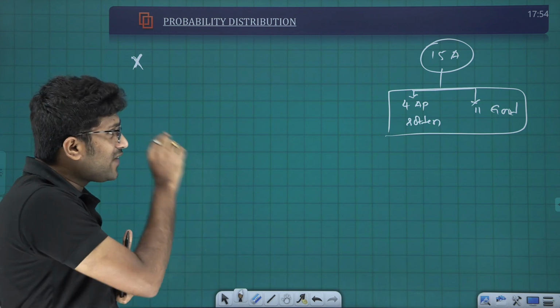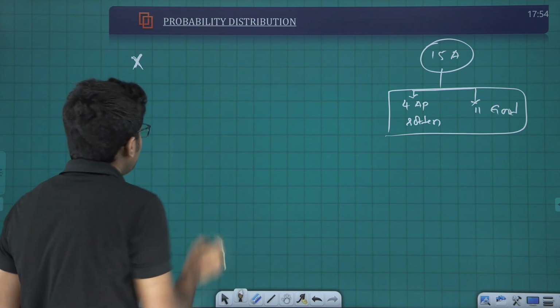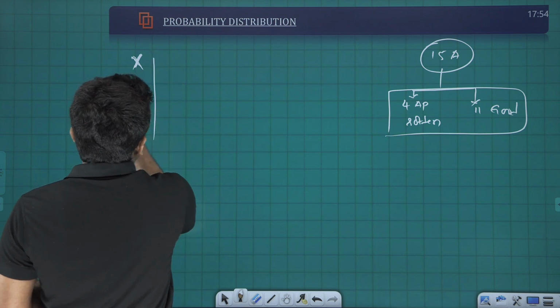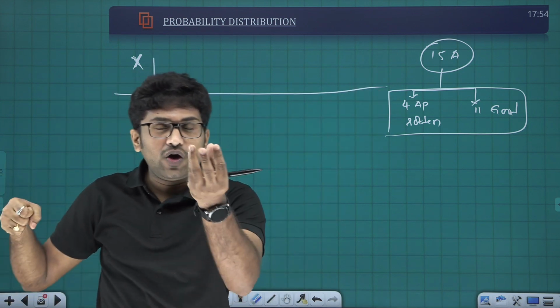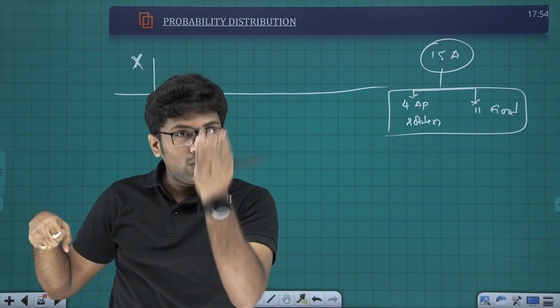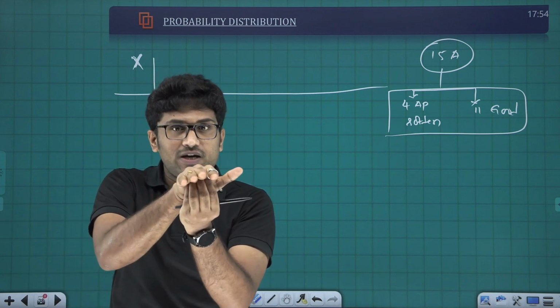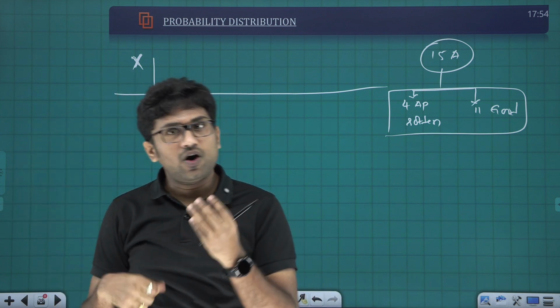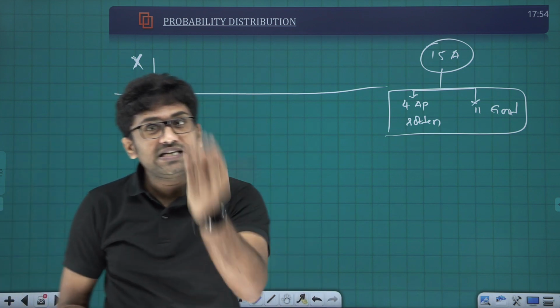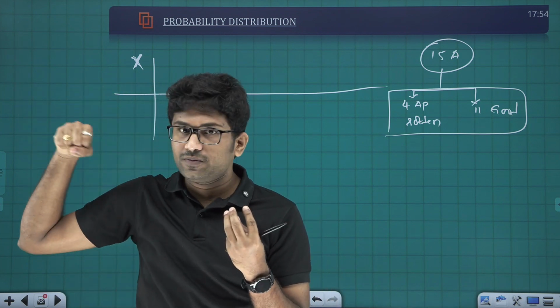Now, if x denotes the random variable of rotten apples, let's see. We will always be focusing only on the random variable. When we draw 4 apples from that box, what are all the possible cases? 0 apples can be rotten, that means all 4 which we have drawn will be good.